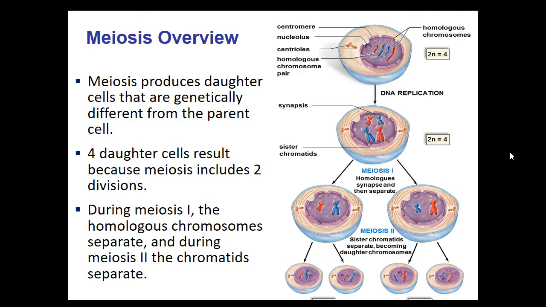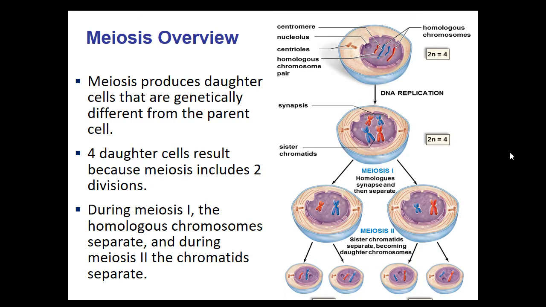Or this one could have gotten a blue number 1, a blue number 2, and so on. So with just 2 pairs of chromosomes, there's 4 different possibilities of combinations of chromosomes that could end up in these daughter cells, and then in the final daughter cells after meiosis 2.